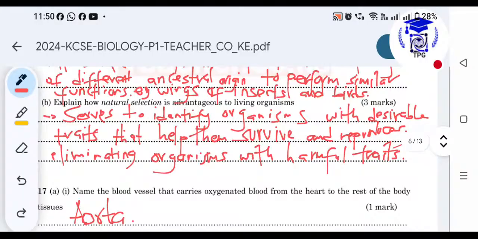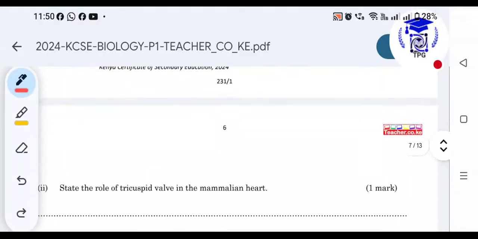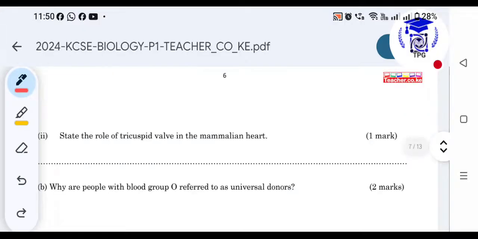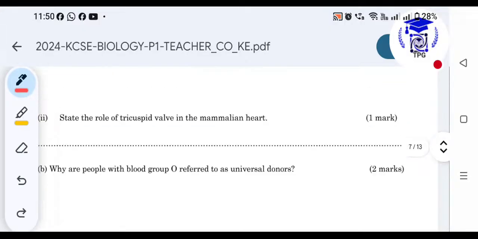Number 17, Roman 2. State the role of the tricuspid valve in the mammalian heart. This being a valve, it prevents the backflow of blood.